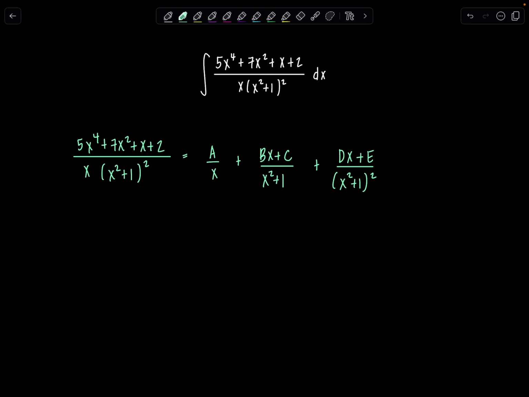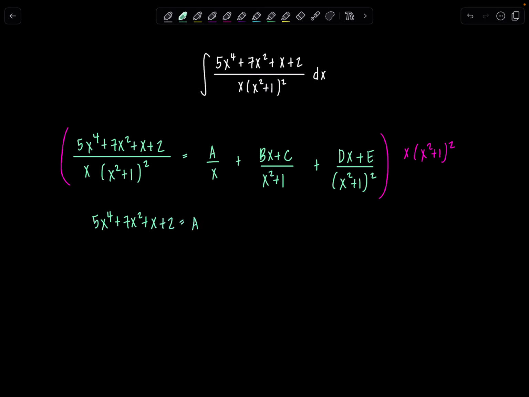Okay, next step, let's multiply by the LCD, which is x times (x squared plus 1) squared. On the left-hand side, it's just 5x to the fourth plus 7x squared plus x plus 2.